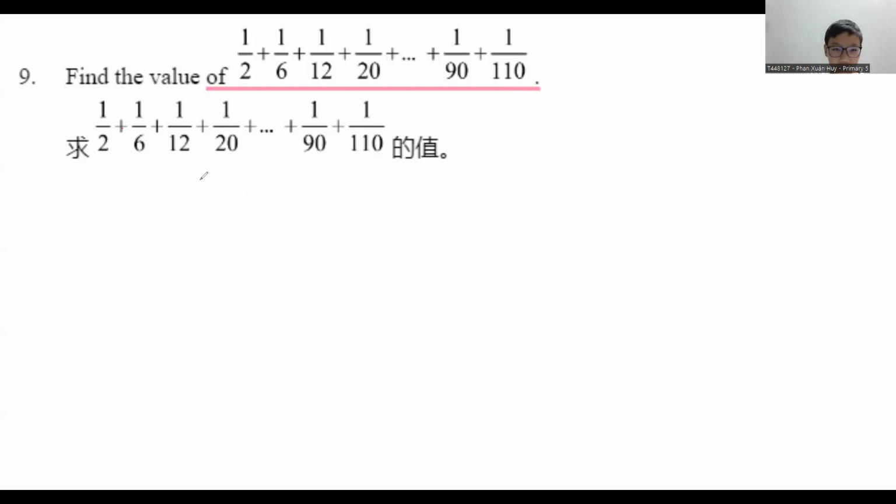So I take that 1 plus 1/2 plus 1 and 1/6 plus 1 and 1/12 plus 1 and 1/90 minus 1/2 plus 1/12 plus 1/20 plus 1/90 plus 1/110. So it's equal 1 minus 1/110. It will equal 109/110.